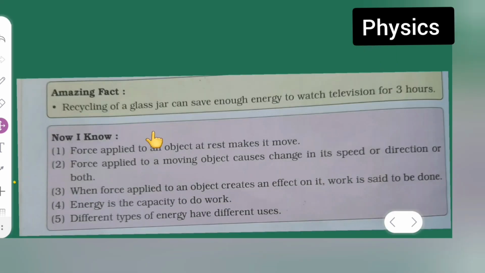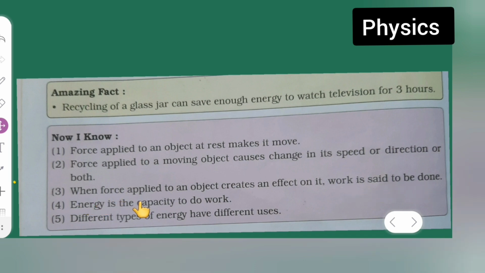Next is amazing facts. Like recycling of a glass jar can save enough energy to watch television for 3 hours. So from this what we know is force applied to an object at rest makes it move. Force applied to a moving object causes change in its speed or direction or both. When force applied to an object creates an effect on it, work is said to be done.